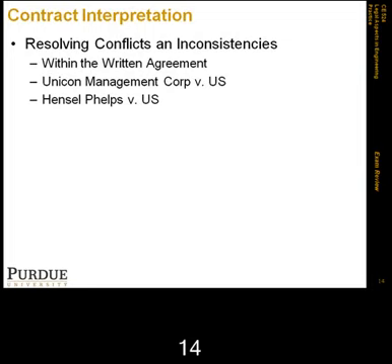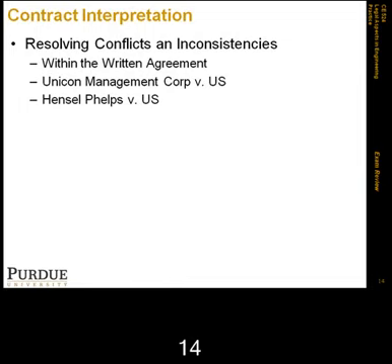And the board said that Hensel Phelps knew of the conflict during preparation, so they again had the duty to inquire. However, in this case, the decision of the Board of Appeals was reversed by the Court of Appeals because they saw it as inconsistent with a precedent case called the Franchi case. The Franchi case stated that where we have a precedence of documents clause, this limits the obligation of the contractor to report a patent discrepancy or patent ambiguity.